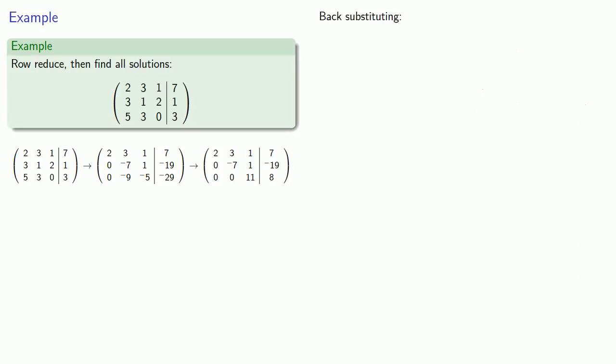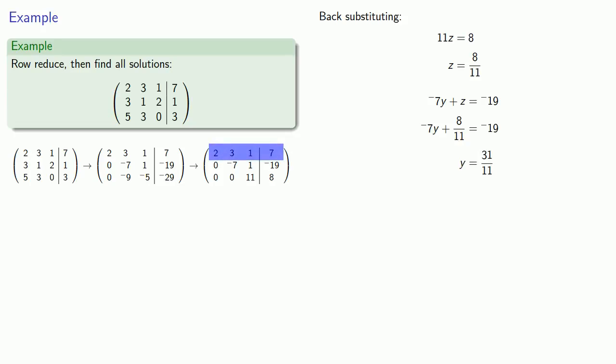So beginning with the last row, which corresponds to the equation 11z equals 8, we can solve that. z equals 8 elevenths. The next to last row corresponds to the equation minus 7y plus z equals negative 19. We know the value of z, so we'll substitute that in and solve the equation for y.